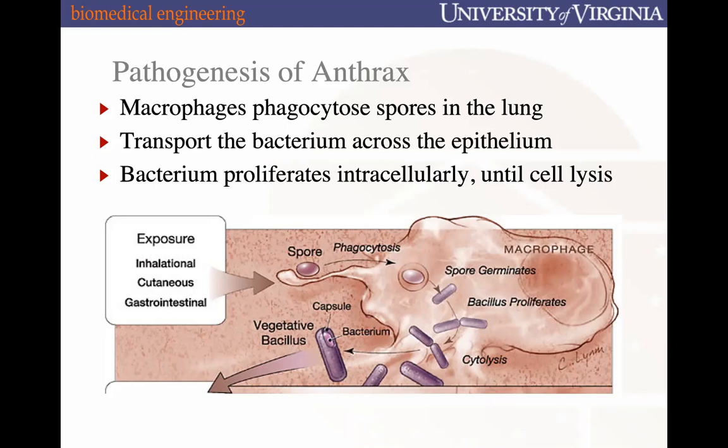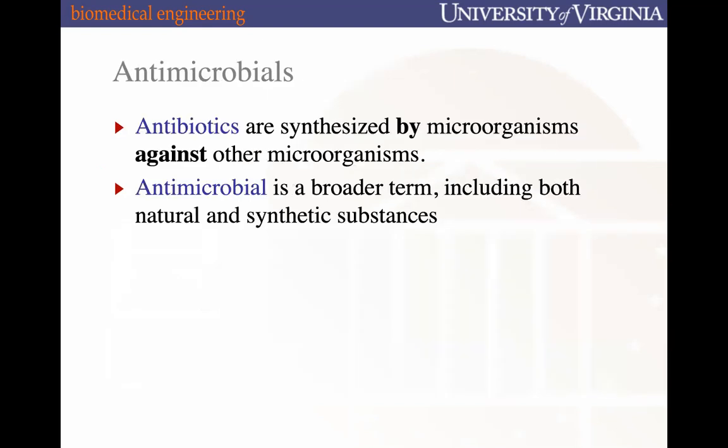So they're going to germinate and proliferate rapidly within the macrophage, and they're basically going to lyse the macrophage. This pathogenesis helps describe how there's robust cell death in response to inhalation of anthrax spores. Then the ways in which to treat them.